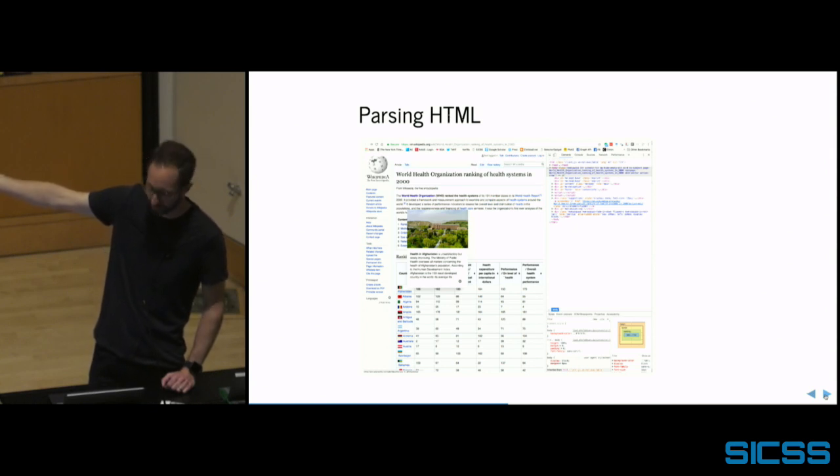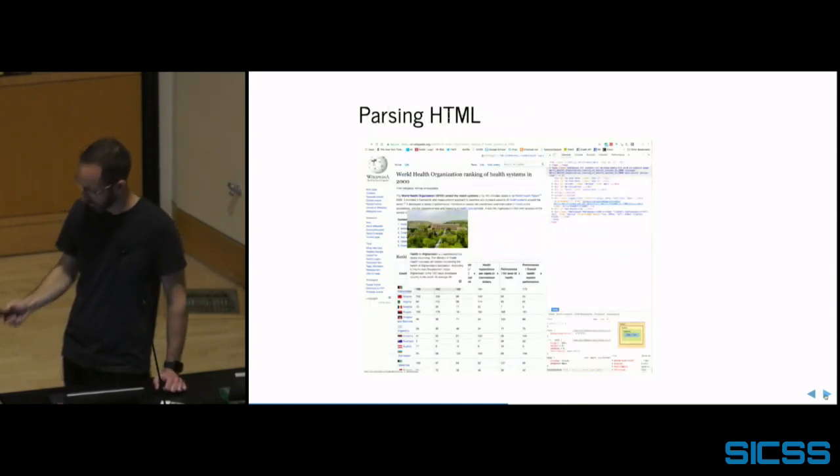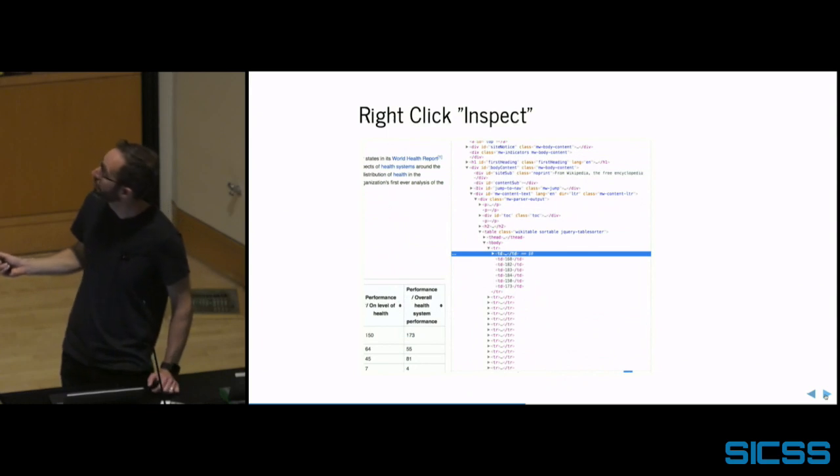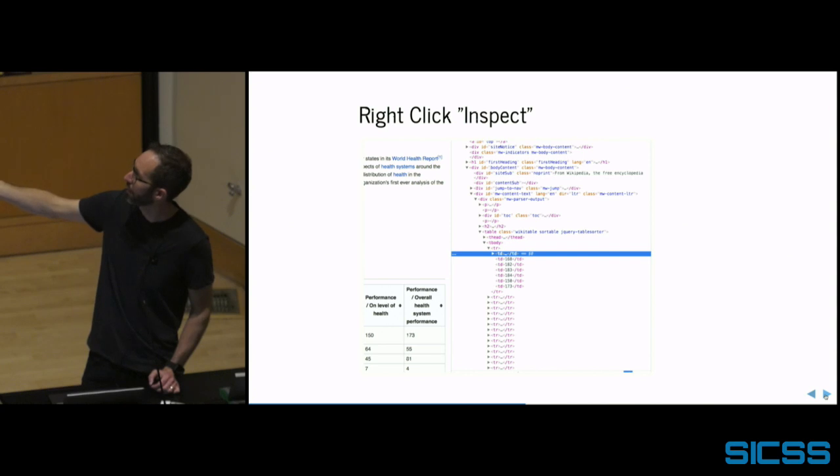And so if we come in here and mouse over here and begin to click and interact with that part of the page, we notice that it begins to illuminate a part of the source code here. And this is that nested structure that I was talking about before. And we can see here that the data we want live within this branch of the HTML.